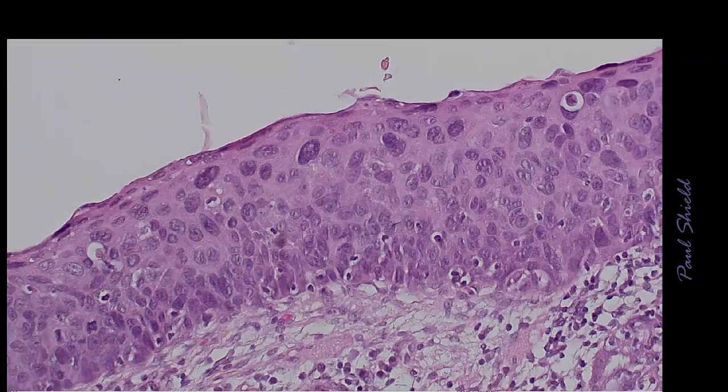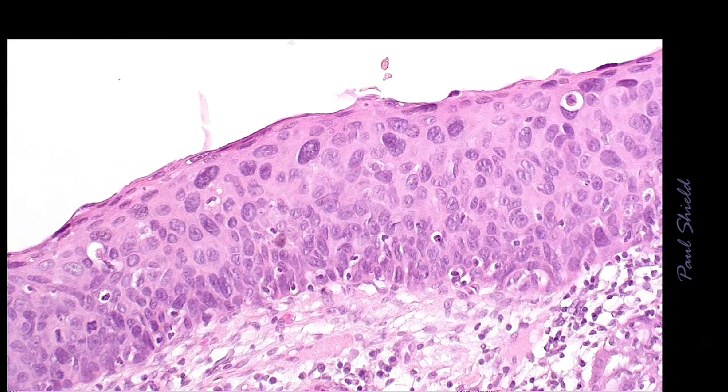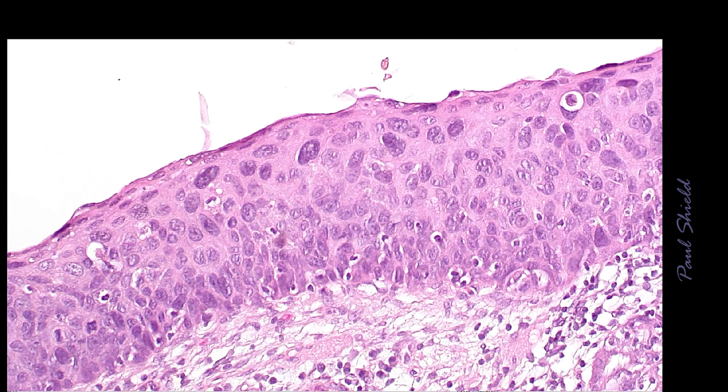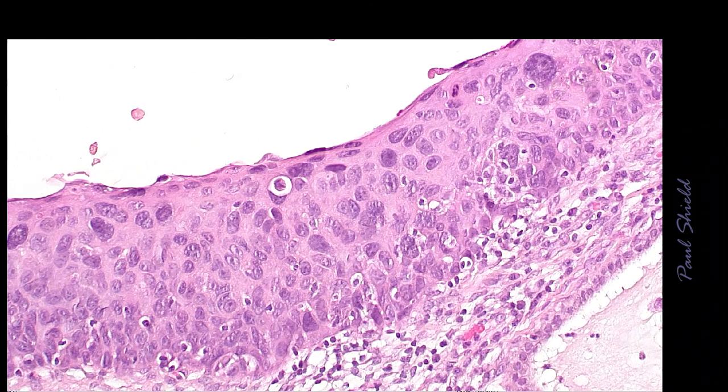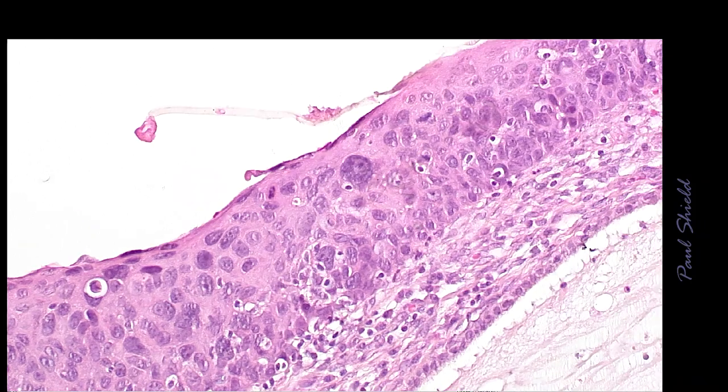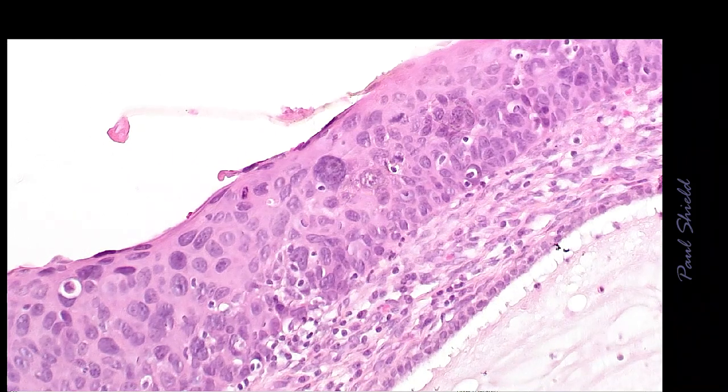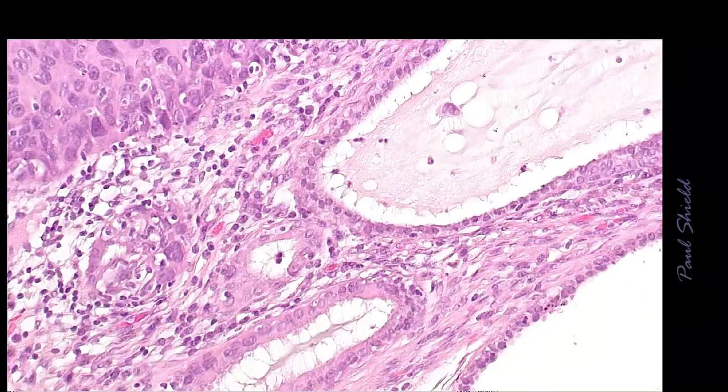And we can see on a higher power that they're distributed right throughout that epithelium, really large, hyperchromatic, coarsely granular nuclei. There are also mitoses occurring throughout the thickness of the epithelium.